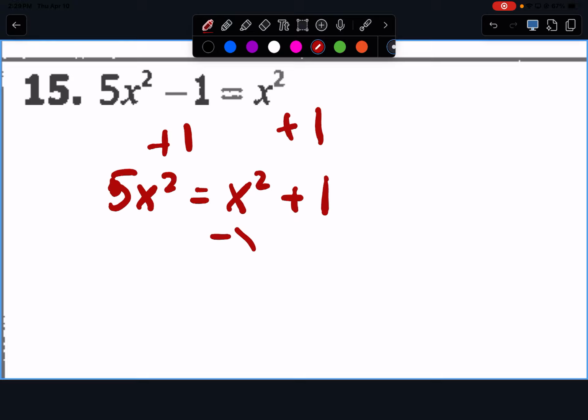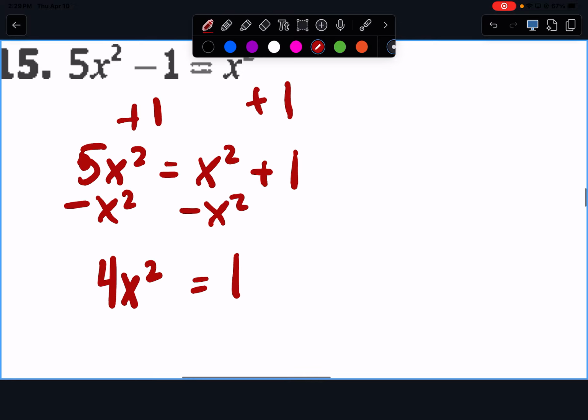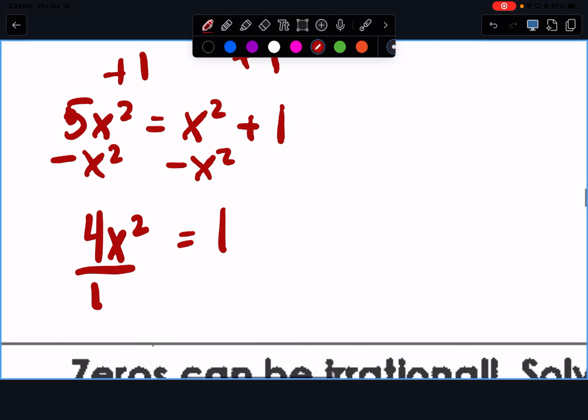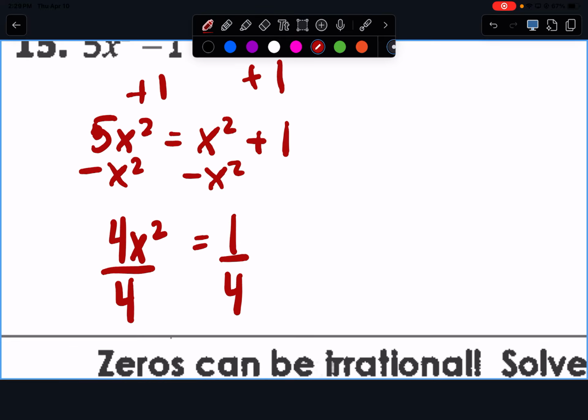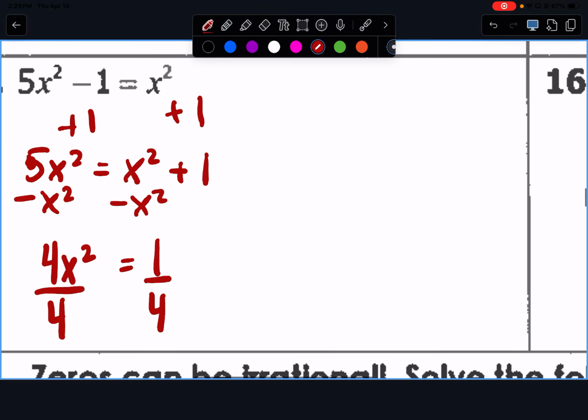We can subtract x squared on both sides. What is 5x squared minus 1x squared? 4x squared equals 1. And then we divide by 4. And it's one of those little pesky fractions yet again. So we get x squared equals 1 over 4. What do I do? So that means my answer is what?